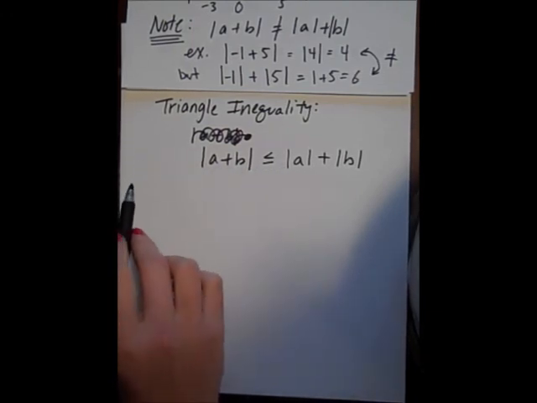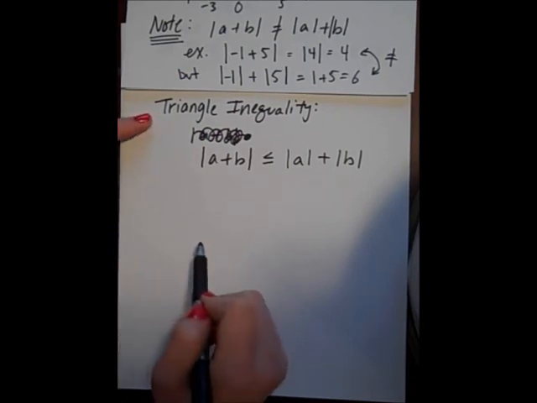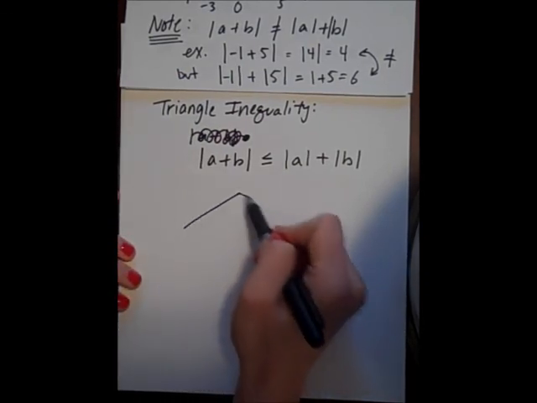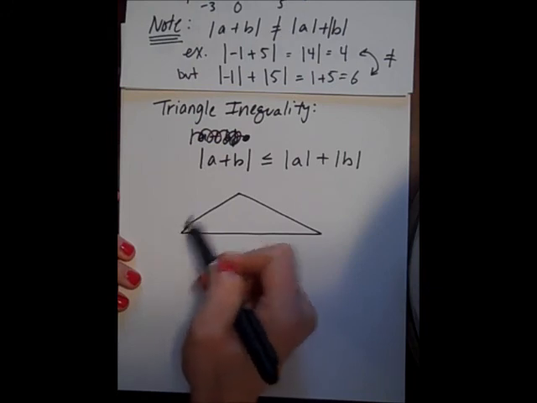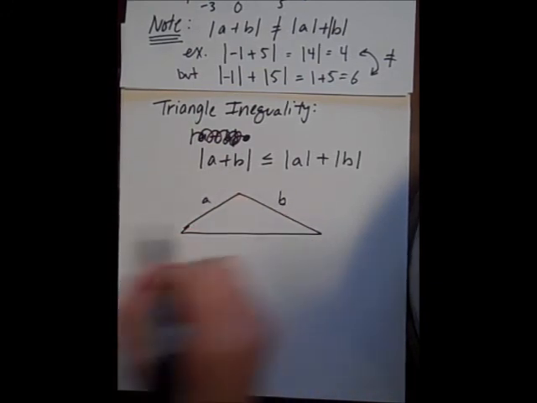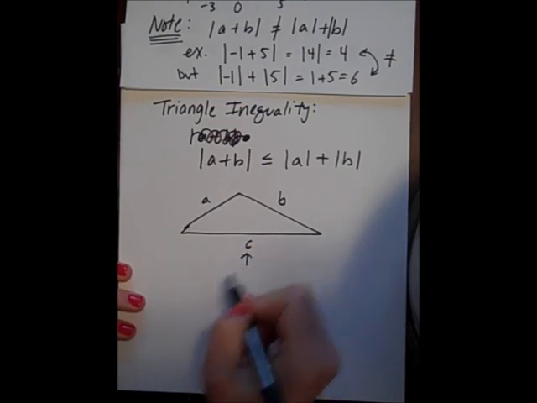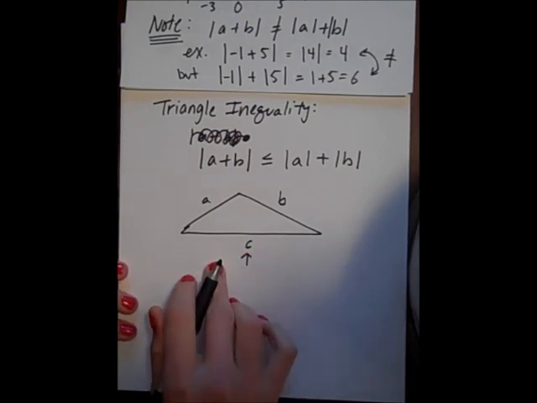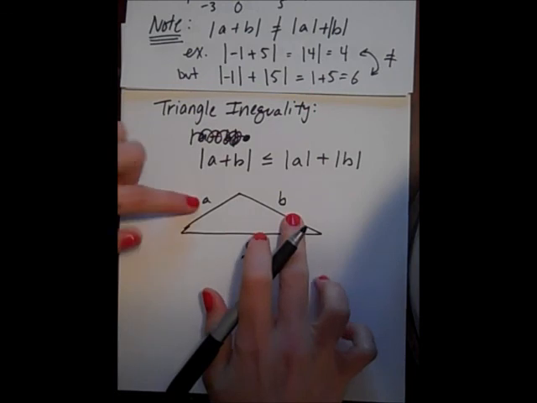Now, where does this come from? Well, the name triangle is in the title, so it probably comes from a triangle. Let's say I just draw a triangle here. Let's call this side A, this side B. What I do know is that this side C has to be less than the sum of these two.